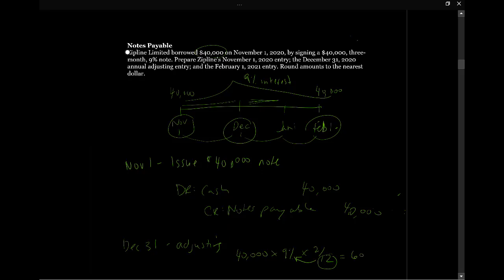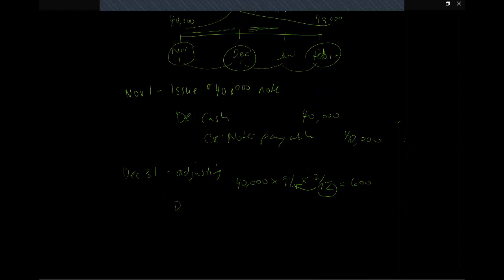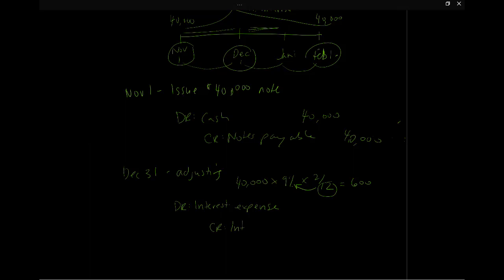That's going to give us $600. So our journal entry is going to be debit interest expense, and this is going to go right through our income statement. Then we're going to have credit interest payable, which is going to be a short-term liability on our statement of financial position because we're going to need to pay this out February 1st.